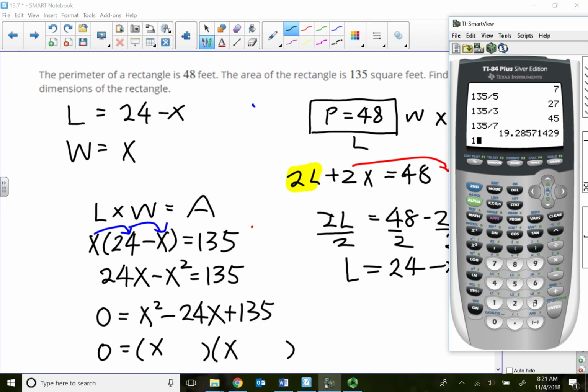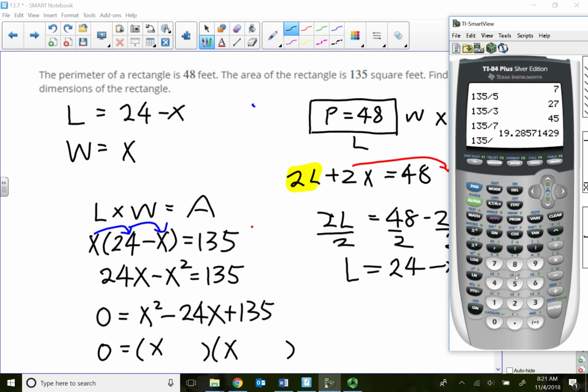Let's see, 135. 3 is too far. Why use 5? That's 22. So 6 times nobody ends with a 5. 7 is 19. So that difference is getting closer.